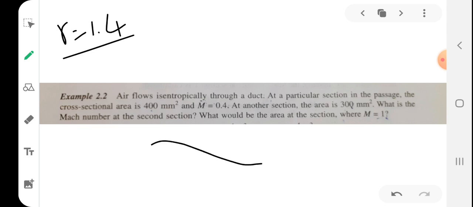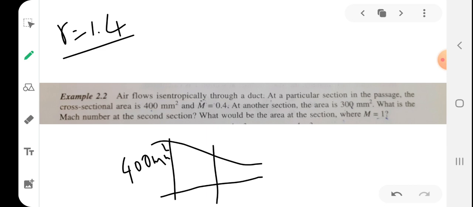So we have a duct. At one particular section, area is 400 mm square, where Mach equal to 0.4. Another section, area equal to 300 mm square, where Mach is unknown.